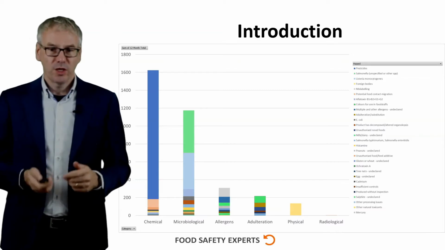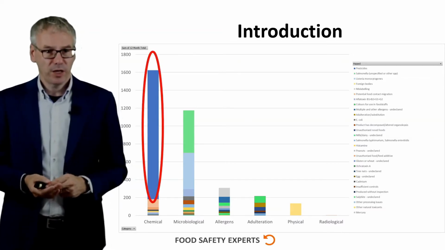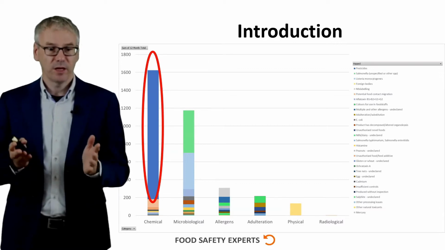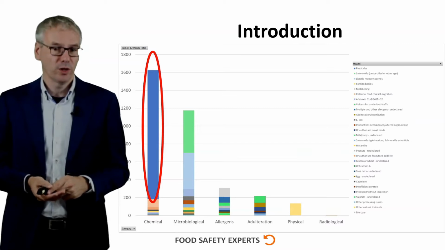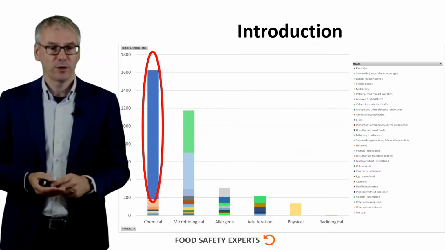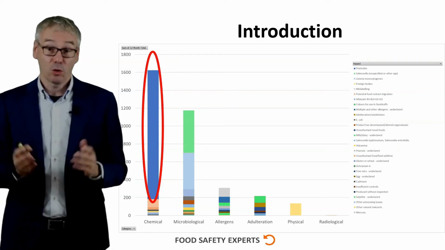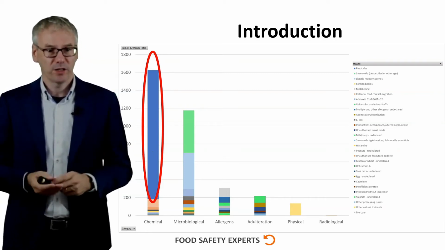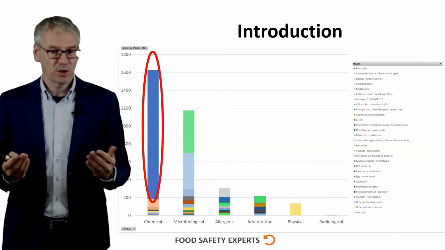What we see is that currently pesticides are the biggest category. Traditionally that's not the case, but because we have a huge issue in the European Union involving ethylene oxide, we see that all of a sudden chemical contaminants, or to be more precise, pesticides, are currently, over the last 12 months, the biggest issue.